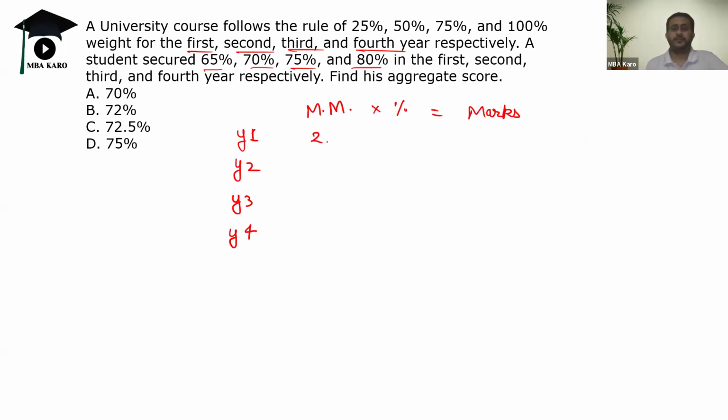So for the first year we'll assume 25 as the maximum because it is given 25%, 50, 75, and 100. So calculate the values and tell what will be the answer. Find his aggregate score based on this mechanism.